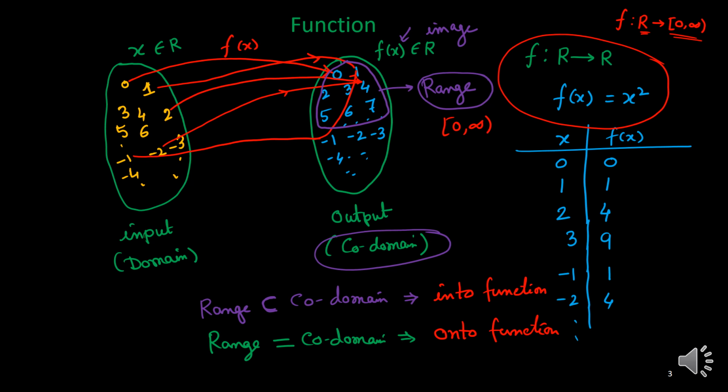So range and codomain will be the same for this function f of x equals x square, and I will say this one is an onto function, whereas the earlier one is an into function. So be careful about the domain and codomain, how it is given in the problem. If the actual range is the same as the codomain, then only it is an onto function, otherwise it is an into function.